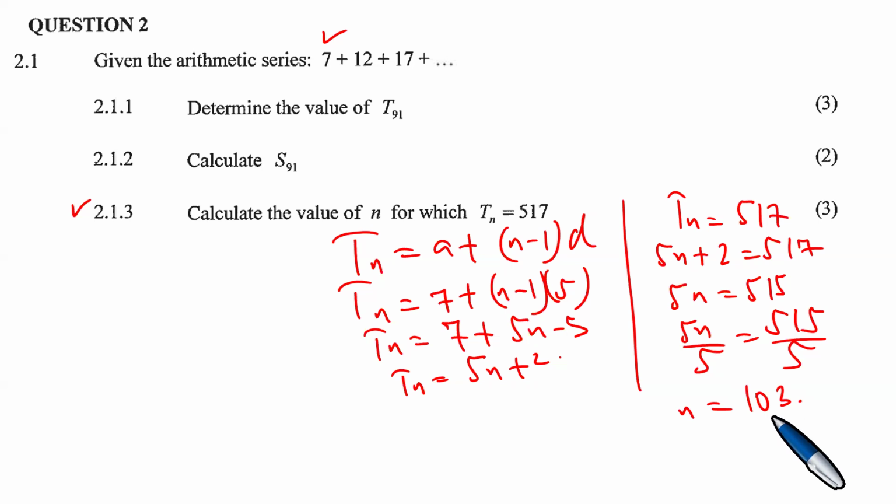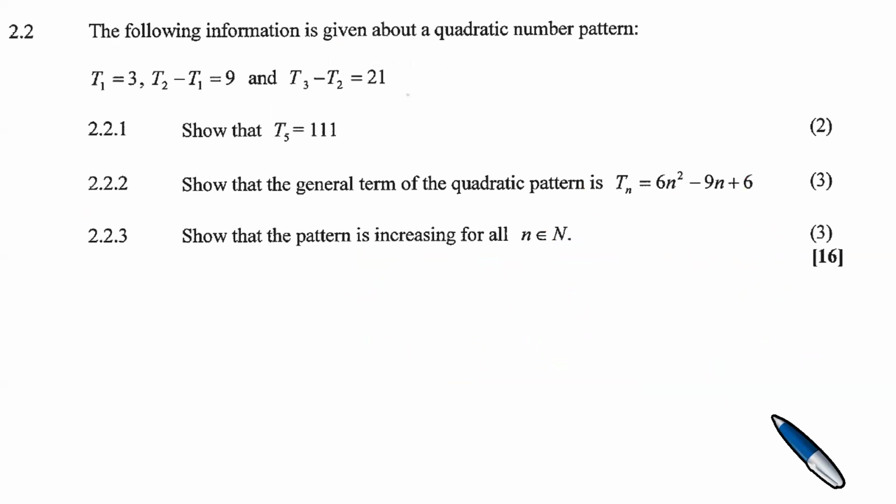Looking at question 2.2 as part of this question on the arithmetic progressions, let us analyze this. The following information is about a quadratic number pattern. If this is the quadratic number pattern, you need to show that the fifth term is actually 111. To do this, we proceed as follows.